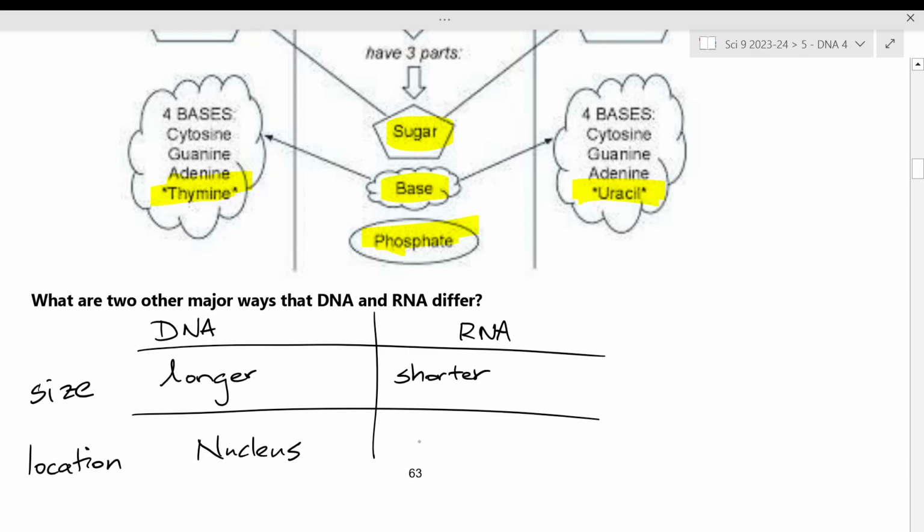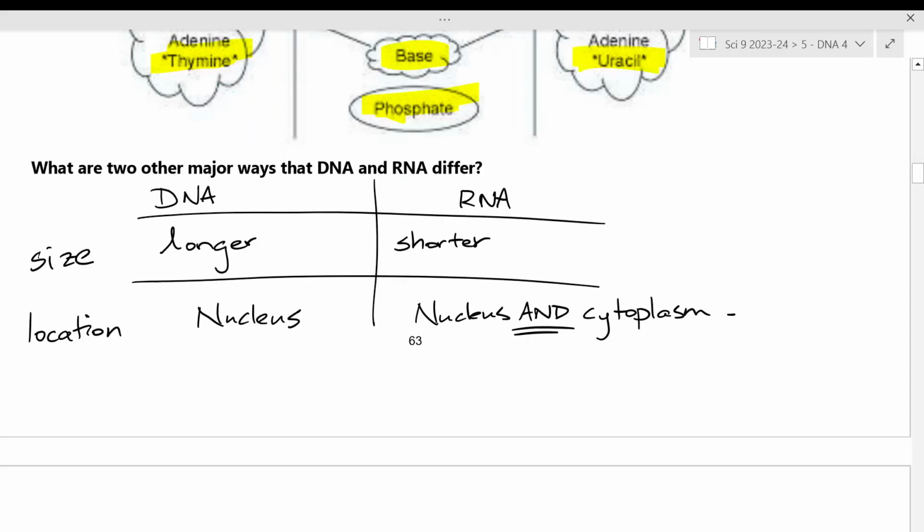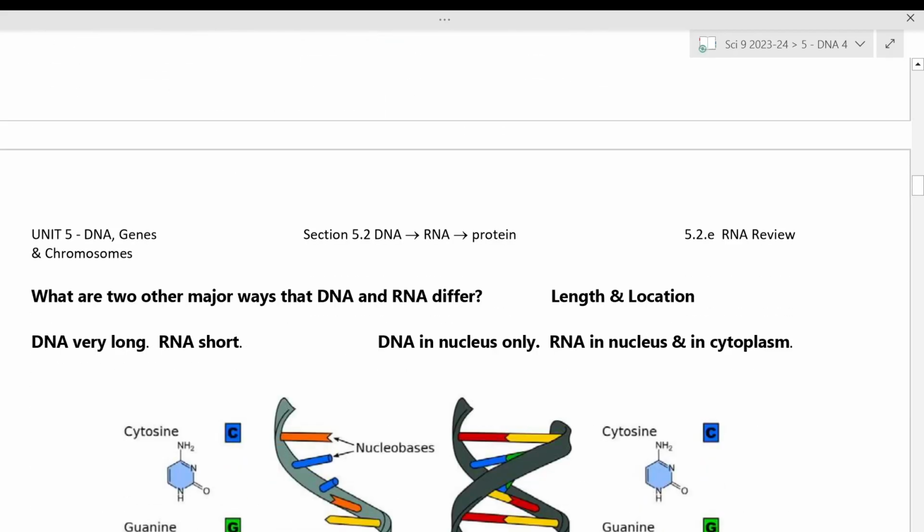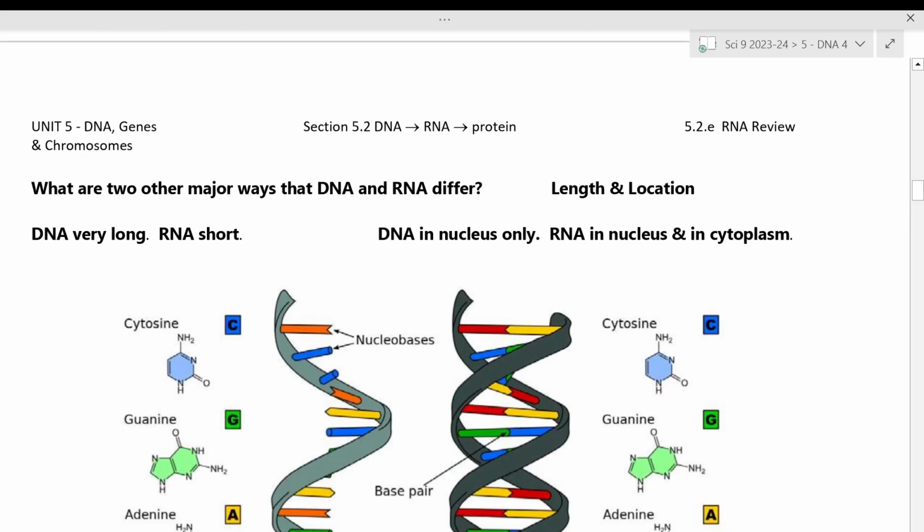RNA is found both in the nucleus and also the cytoplasm. Two other major ways that DNA and RNA differ. We did that. Length and location, long and short.